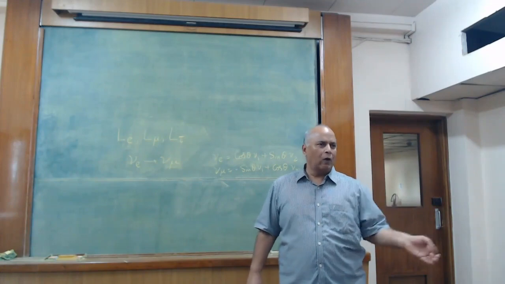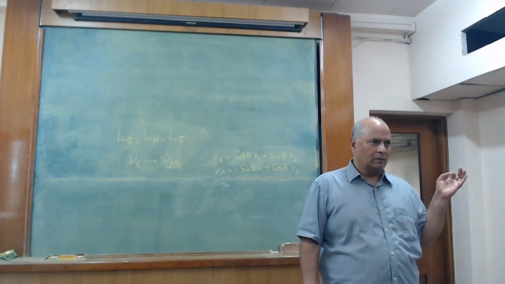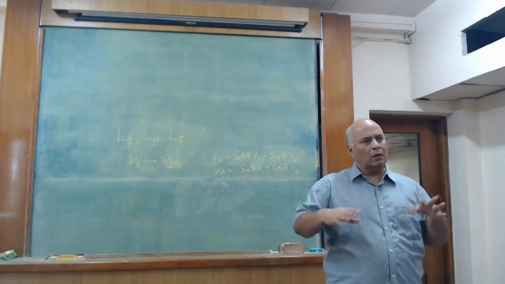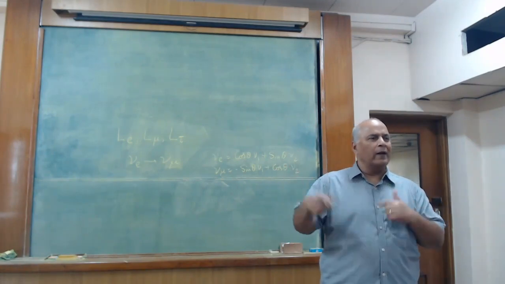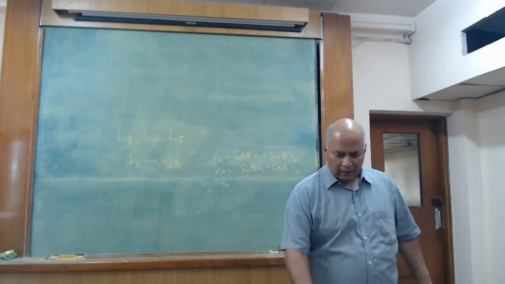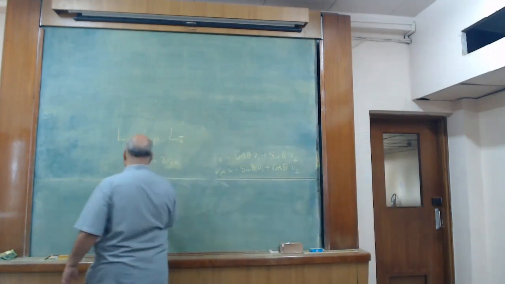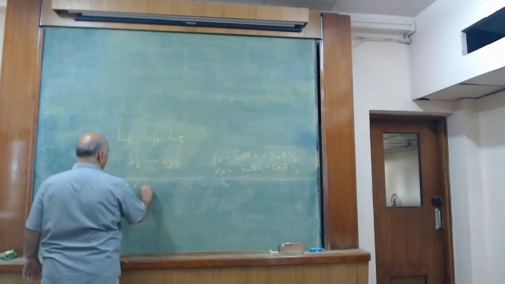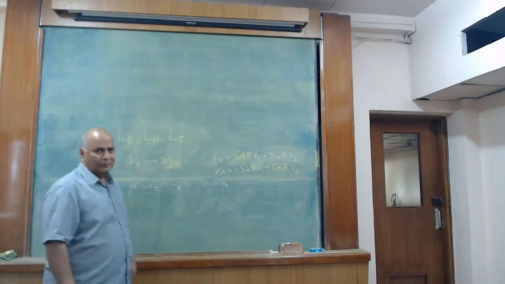But if we allow for the possibility that Le is not conserved, then in principle all other interactions where Le is not conserved are also allowed. In particular, if this occurs, in principle, this also should occur.